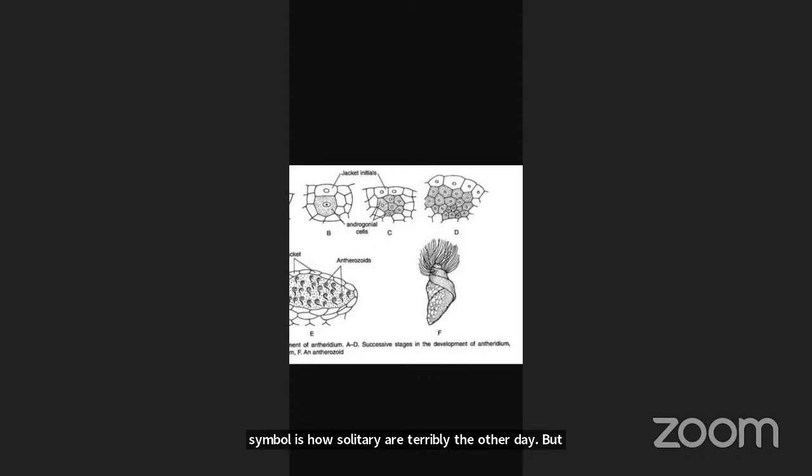Each strobilus is a spindle-shaped structure consisting of a central axis bearing several sporangiophores. These sporangiophores bear the sporangia. The sporangiophores project from the central axis.